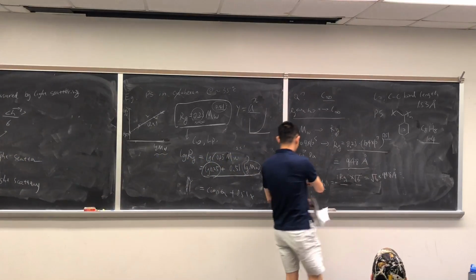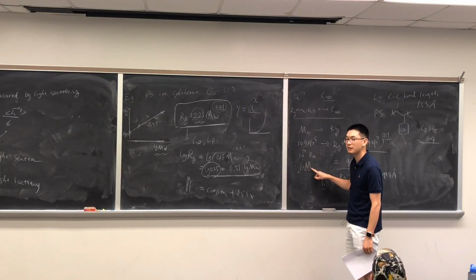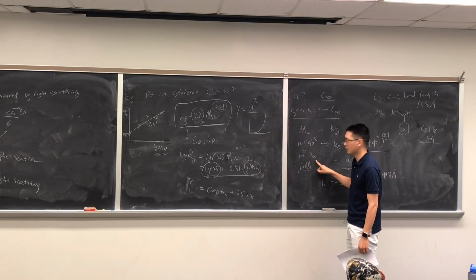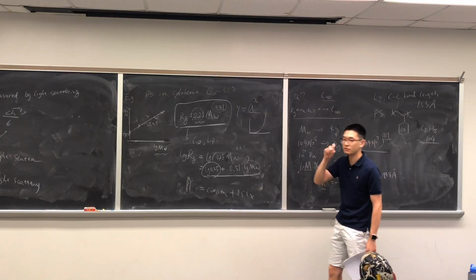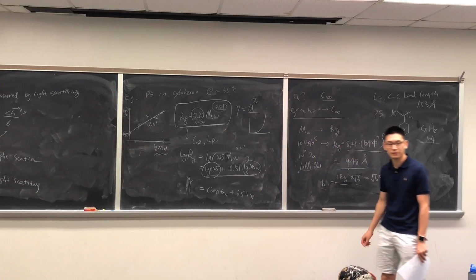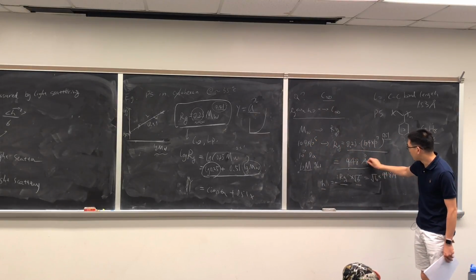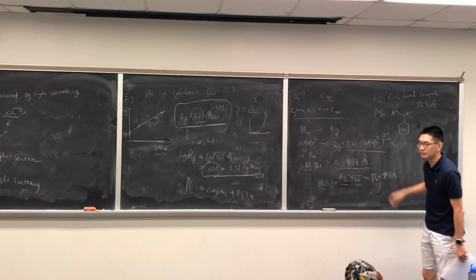Oh, this is just to tell you how big this is. This is 10 million molecular weight. 10 to the 7th Dalton is 10 million grams per mole, right? So the molecular weight we assume in this case is fairly high. That's why the RG is relatively big, almost 100 nanometer.